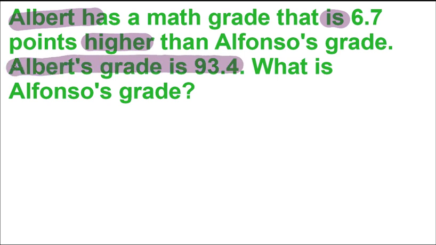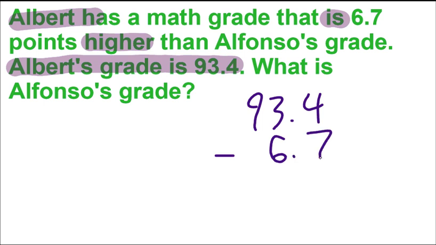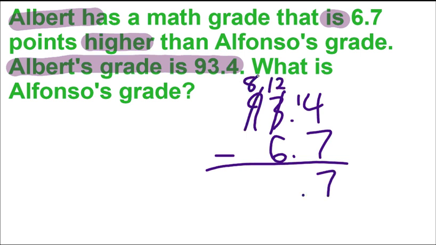Then we got Albert's grade is 93.4. So if Albert's grade is 93.4 and he's higher, what type of math do we need to do to get Alfonso? Subtract. When you subtract with decimals, we line up our decimals. Probably will have to borrow. And we get 86.7.